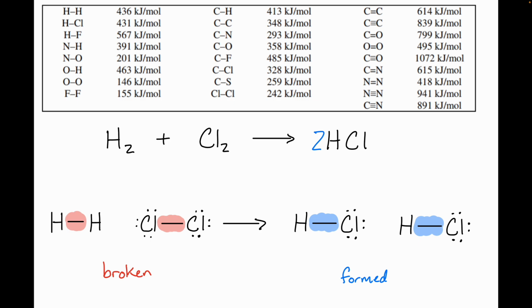Cool, so now I'm going to figure out how much energy I had to put in to break these two bonds. All right, so I'm going to go to my chart here. According to my chart, that hydrogen-hydrogen bond is going to require 436 kilojoules to break. That chlorine-chlorine bond is going to require 242 kilojoules to break. So I'm going to have to put in that much energy in order to break those two bonds.